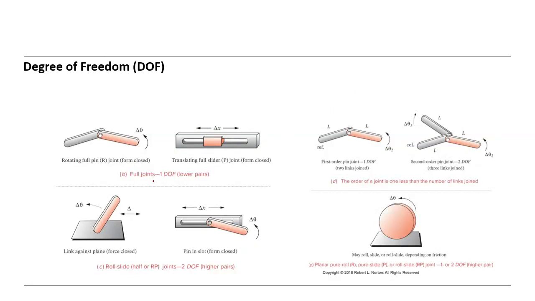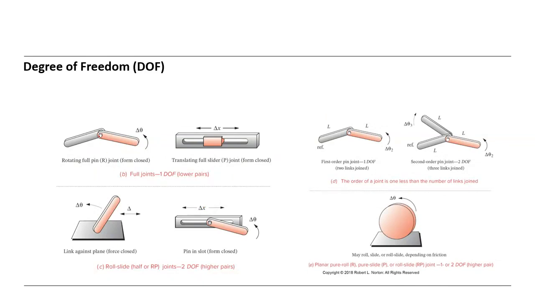Those are the pairs. We already discussed it. If we have two links and one joint, we say it's a pair. So it consists of two links and one joint. This is a pair. So this is a prismatic.